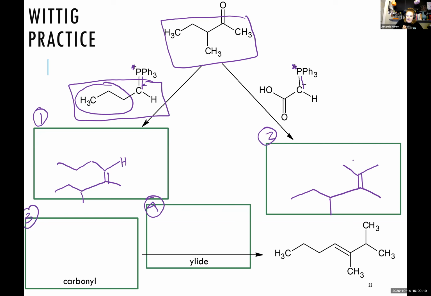What am I going to have on the right-hand side this time? So over here. The carboxylic acid. Yeah, that carboxylic acid. And then what's on the left-hand side of the bond over here?